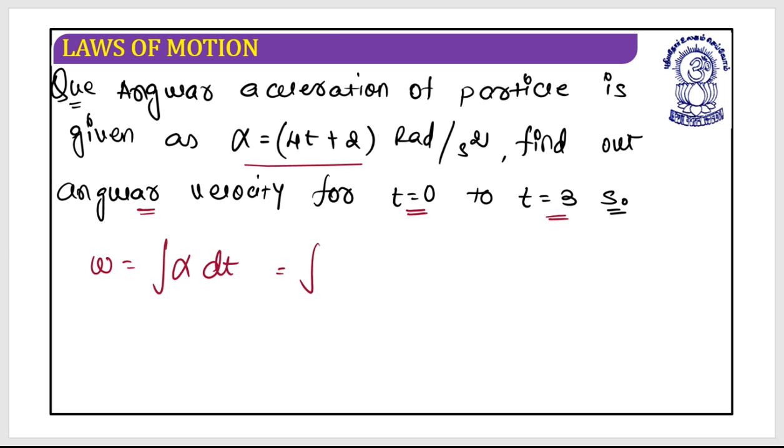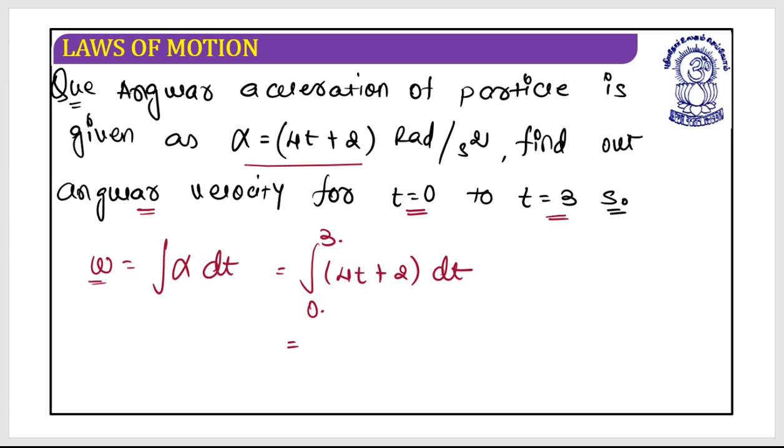So that should be equals to integration of 4t plus 2 into dt, starting from 0, ending at 3. In a true sense, this is delta omega. This is change in velocity. But let us assume that initially it is at rest, and then I need to find out the omega.